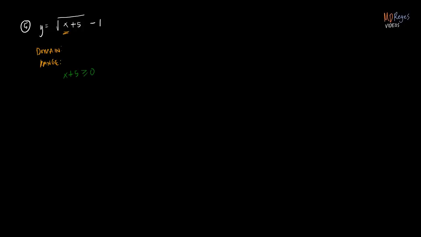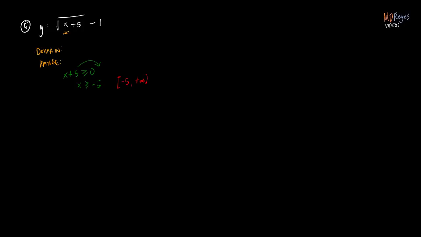Solving for x, transposing 5 to the right side, we'll get x greater than or equal to -5. Okay, so this means that we are referring to all the numbers x equal to -5 or greater than -5. Okay, so in interval notation, that would be we start from -5 to positive infinity.